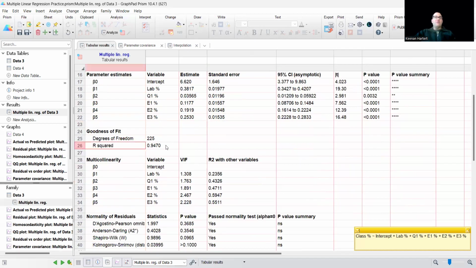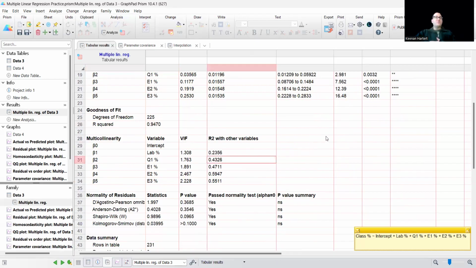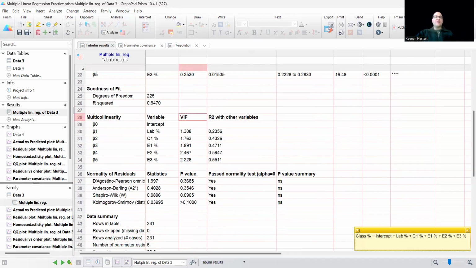How about the goodness of fit right here. This is more of an R squared as a whole for the intercept itself with the predictor. So really solid right here as well. We get something called VIF right here, which stands for variance inflation factor. It's a measure of the amount of multicollinearity in the regression analysis.